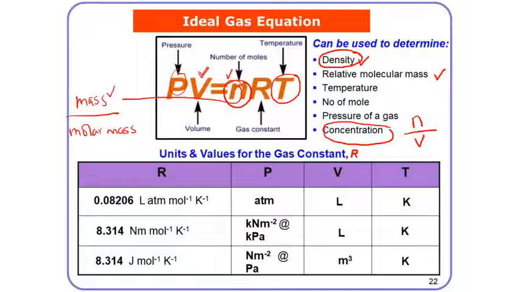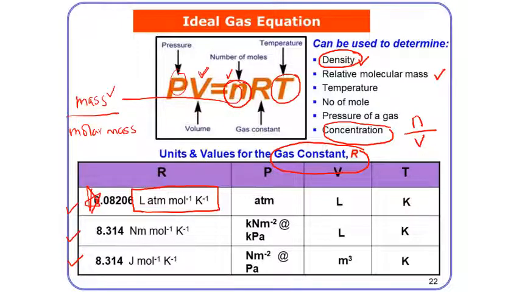At the same time, we have to know what the gas constant is. By referring to the table below, we have three values of gas constant. Among these three, we always use 0.08206 liter atm per mole per Kelvin.